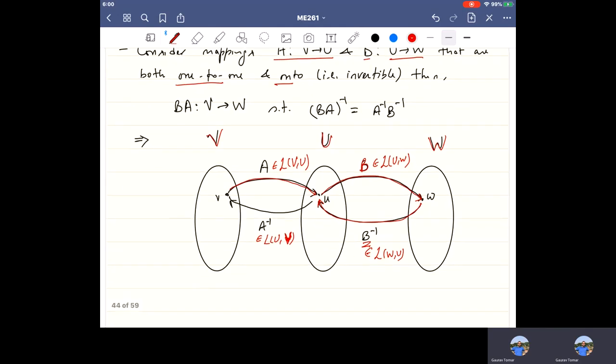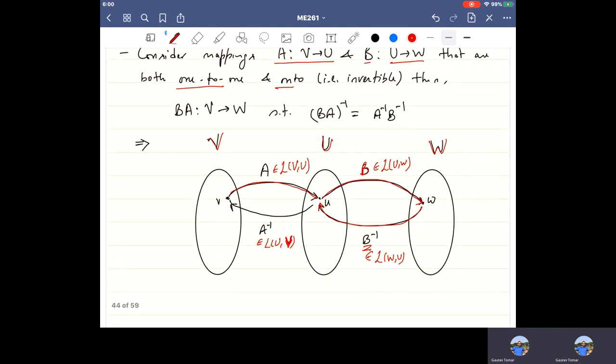Now from here, if you take a vector, let's say V, and you look at a mapping which takes you directly to W, using A and B for reaching there, you can think of it as the BA mapping.